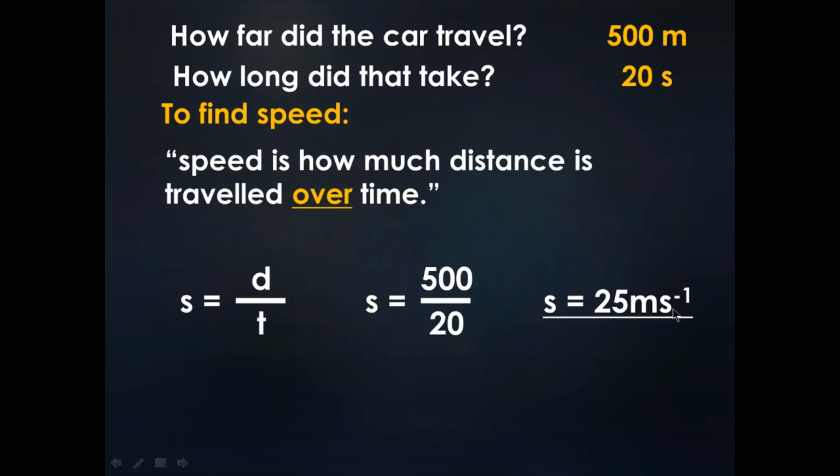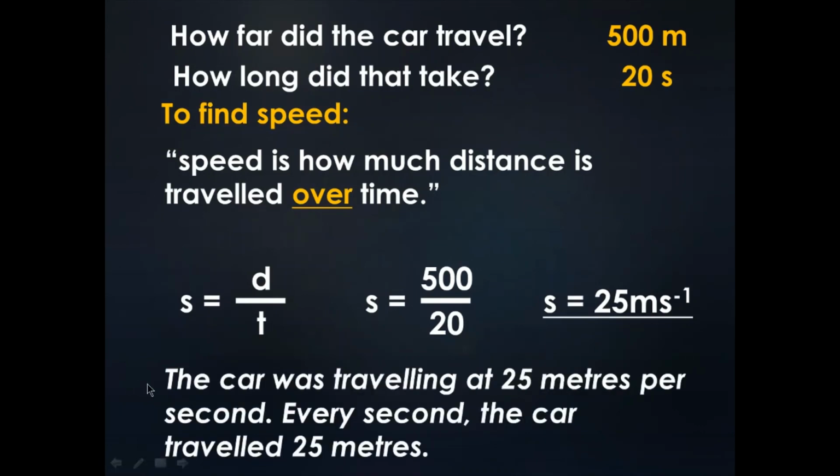So it's meters per second. Because seconds is on the bottom, it gets a little -1. But meters, because it's on the top, doesn't get a little -1. So the answer was 25 meters a second. We can say the car was traveling at 25 meters per second, or we could say every second the car traveled 25 meters.